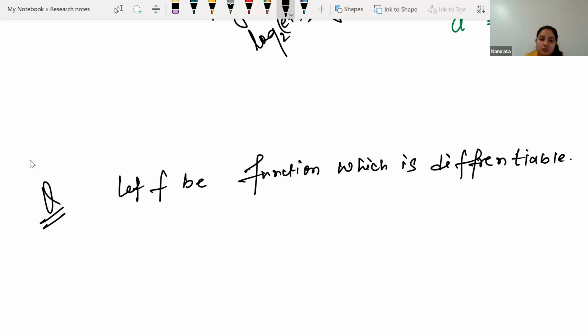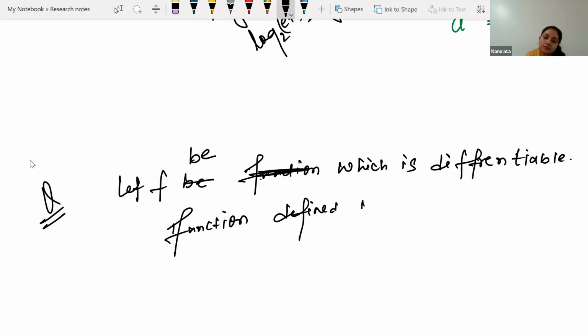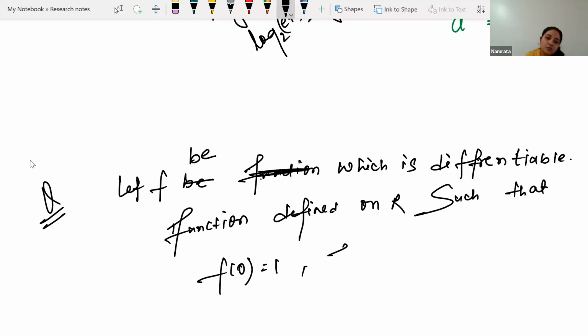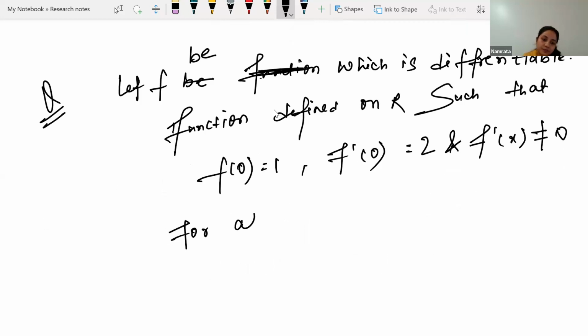It's written as f, not function, over there. f is a differentiable function defined on R such that f of 0 is equal to 1, f dash 0 is equal to 2, and f dash x is not equal to 0 for all x belongs to R.